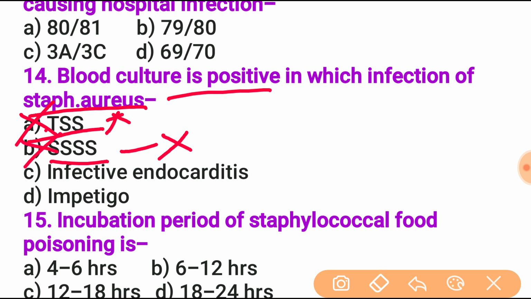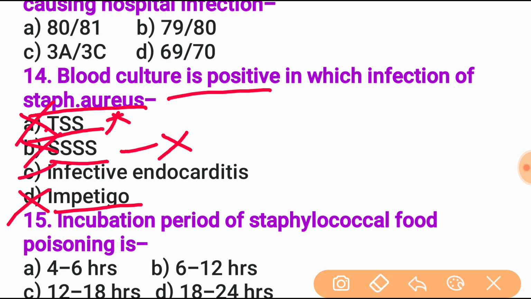This is also wrong. Another, option D, impetigo, also does not cause bacteremia, so this is a wrong answer.